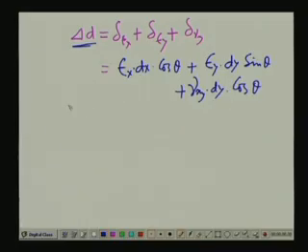Hence, the strain in the diagonal direction is epsilon x dash.